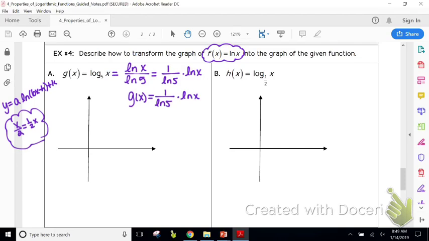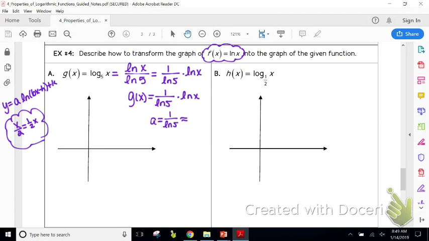so what is that 1 over natural log of 5? Is that my a, my b, my h, or my k in my transformation? What's being multiplied times the natural log of x? Is that the a, the b, the h, or the k that's being multiplied times the log? The a. So my a is 1 over the natural log of 5.